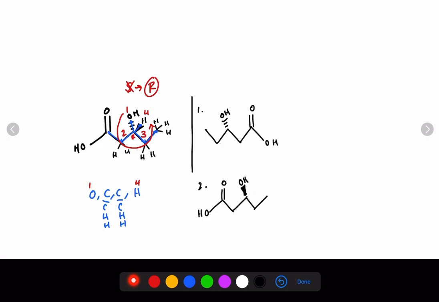Let's check the RS configuration of the chiral center on each molecule, just to make sure. Since the configuration on the first molecule was R, both of these enantiomers should be S. So let's go ahead and denote our chiral carbons, put in our implicit hydrogen on the chiral carbon. Since we already assigned priorities for that first molecule, I'm just going to use those same priorities.